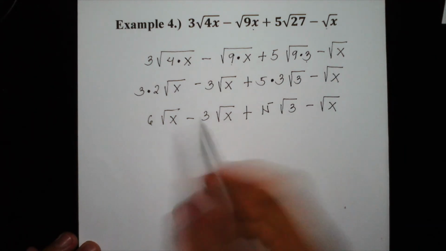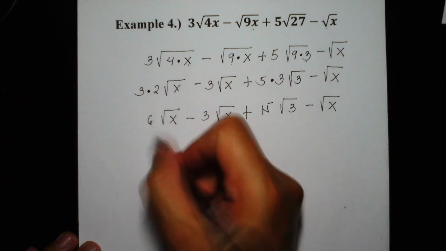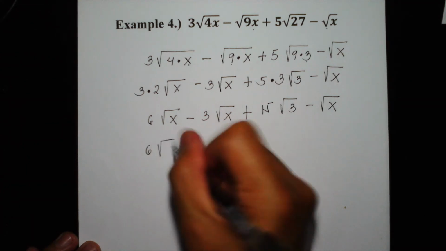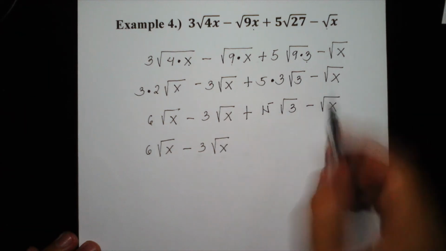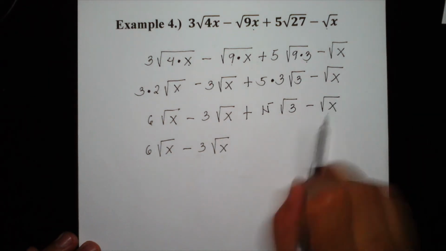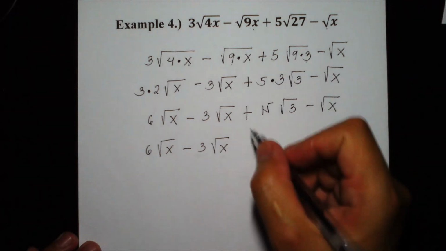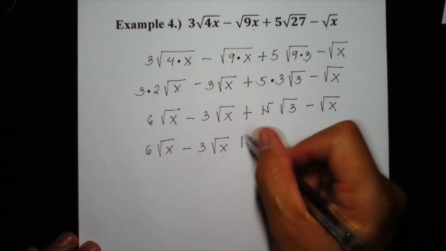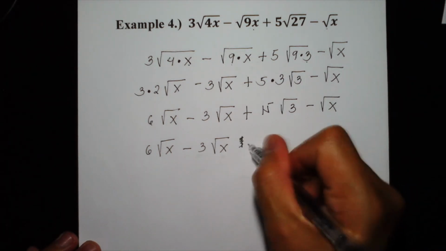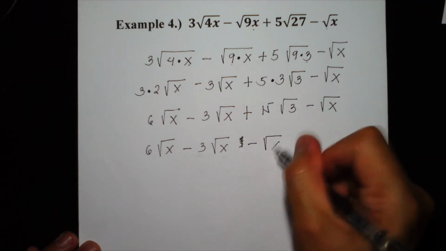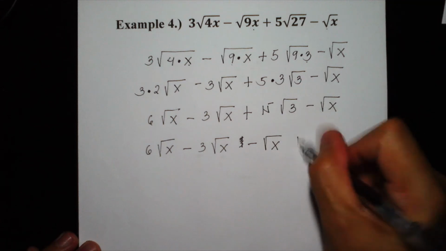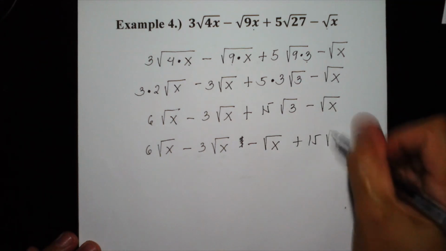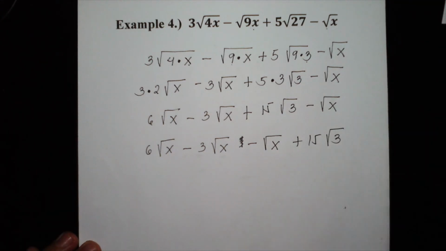So let's arrange this one. We have 6 square root of x minus 3 square root of x. So let's transfer this one because they are similar terms, similar radicals. So we have minus, sorry, that will be minus square root of x plus 15 square root of 3. So I am just arranging the terms.